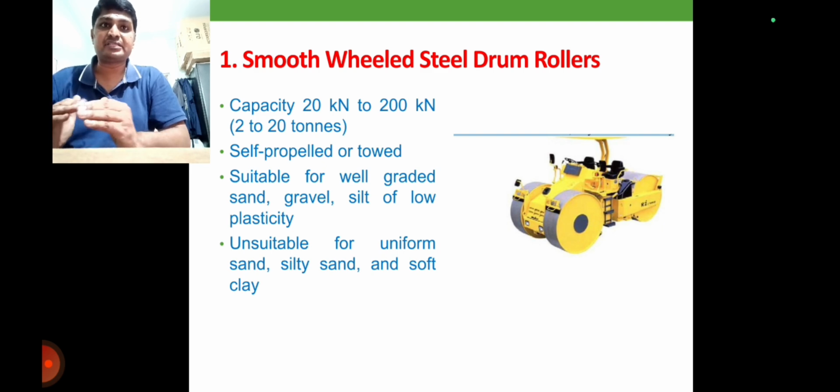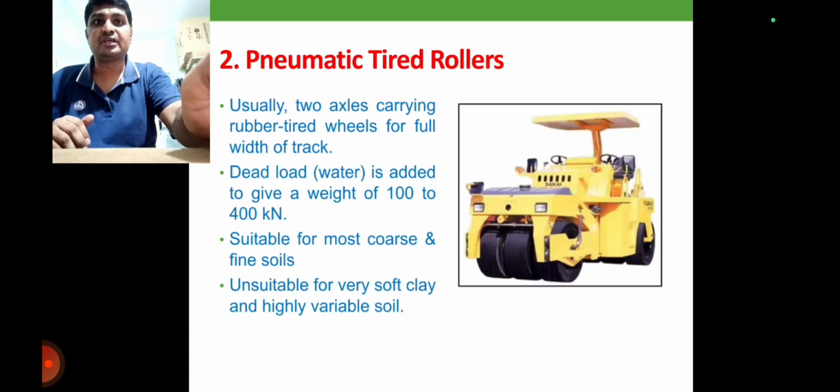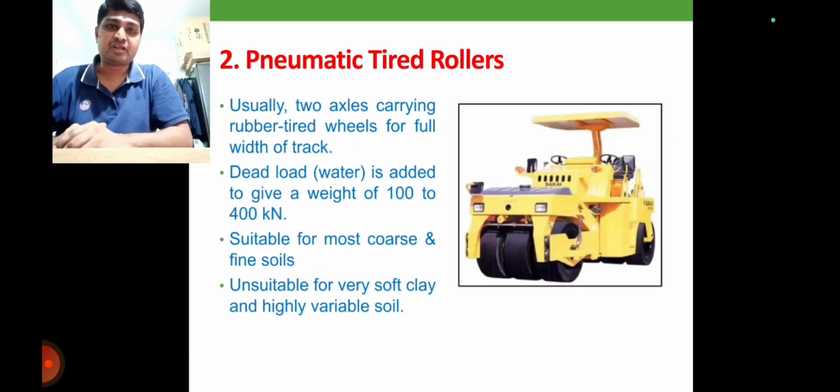Well-graded soils are more suitable for smooth wheel steel drum rollers, and it is not suitable for uniform sand, silty sand, and soft clays, because these have different properties in nature. That is why the steel drum roller is more suitable for well-graded gravel or sand.